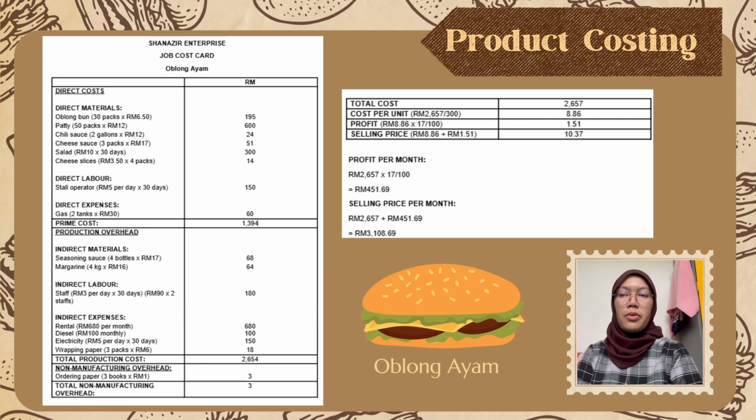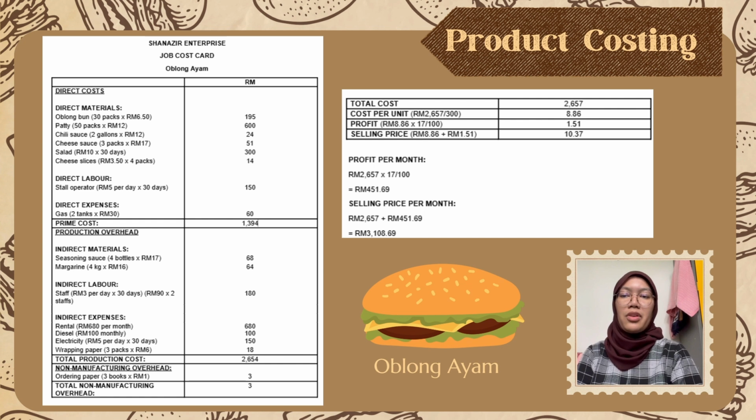Now, moving on to the production overhead, which consists of indirect materials, indirect labor and indirect expenses. By adding all of this up with the prime cost, we get our total production cost, which is 2,654 ringgit.